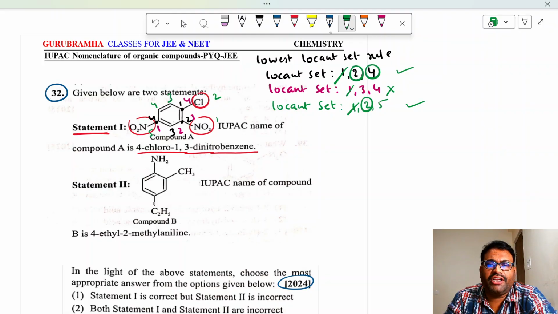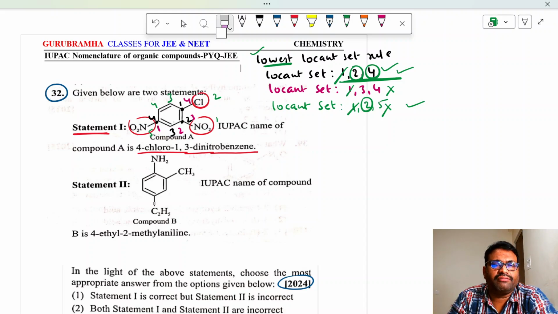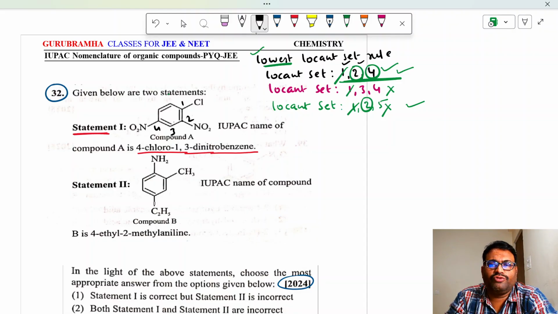Here you are finding 4, and here you are finding 5. So this one you have to follow, as already we mentioned that it is the lowest. So what numbering must be followed here? This numbering must be followed. Already we have seen that it is 1, 2, 4.